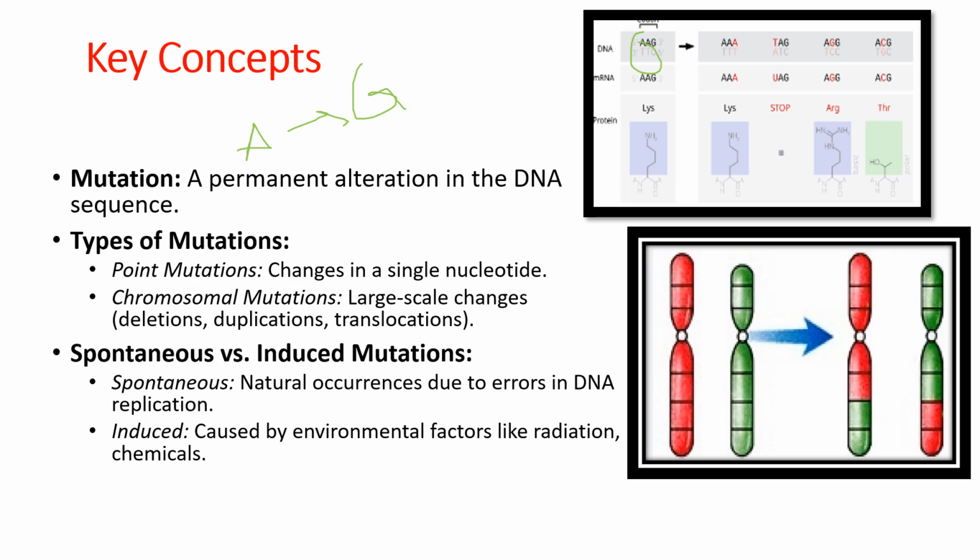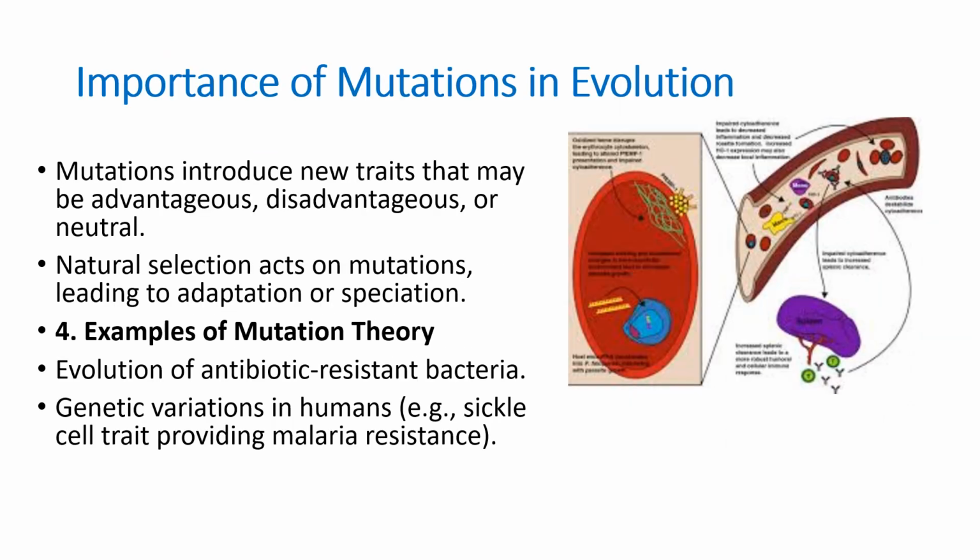Now, there are several other importance of mutation in evolution. Mutation definitely plays a crucial role in evolution because they not only introduce new traits that can affect an organism's survival and reproduction, but also, again, let's take an example of bacteria.